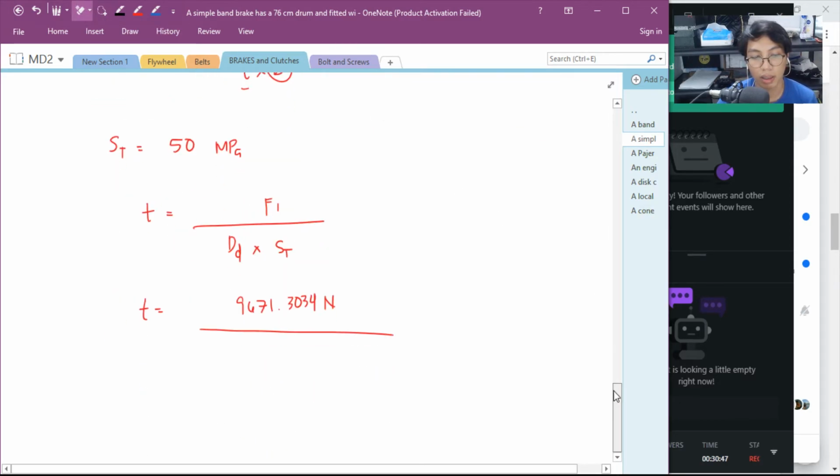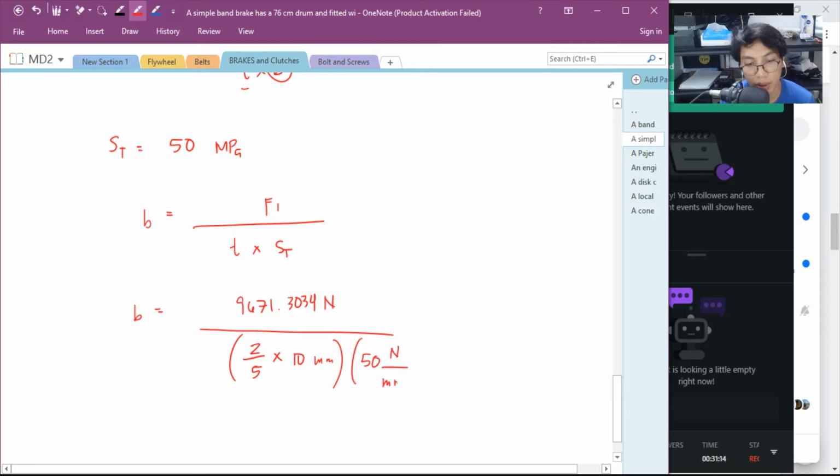Okay? This is B. T. B. Yung T, thickness is 2/5 cm. Multiplied na lang natin ng 10 para maging mm. Multiplied to 50 Newton per millimeter squared.